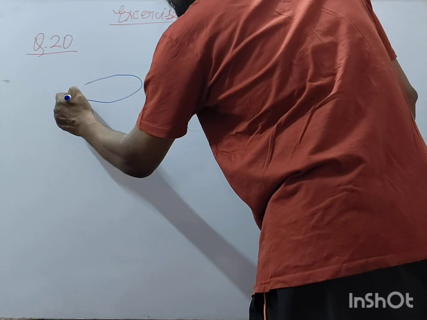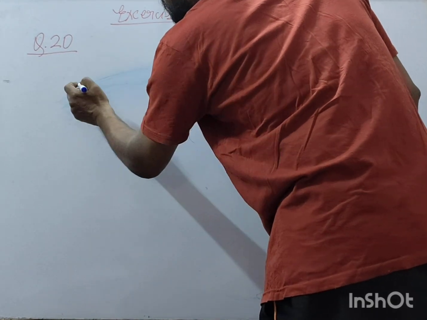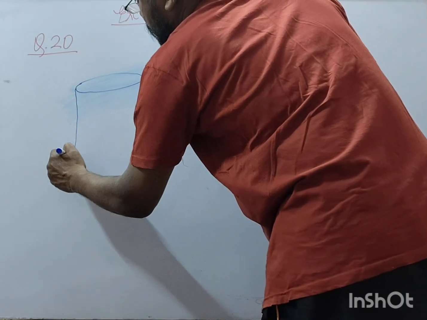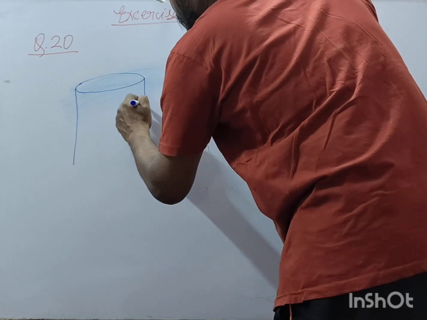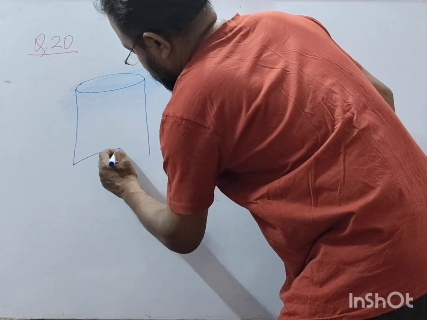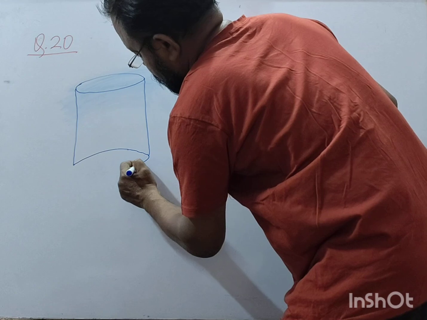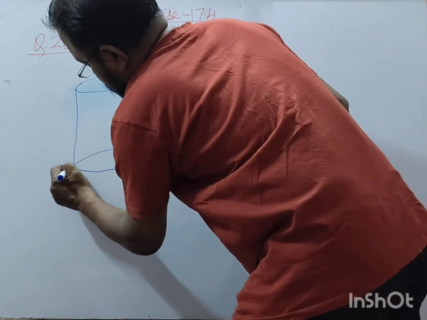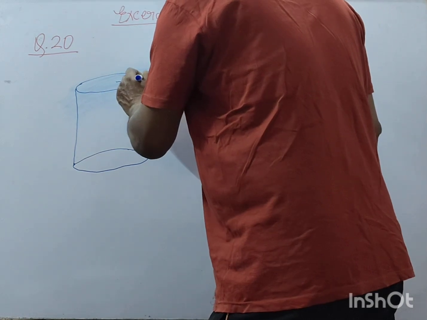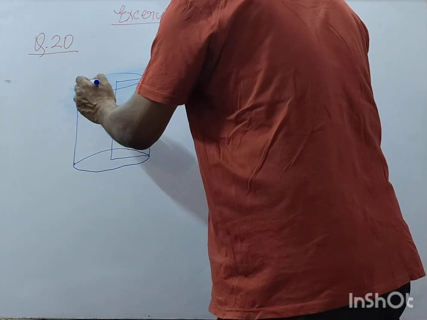This is the cylinder we have, right? This is the radius, this is its height.